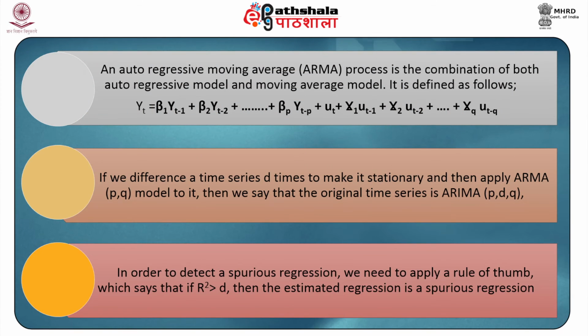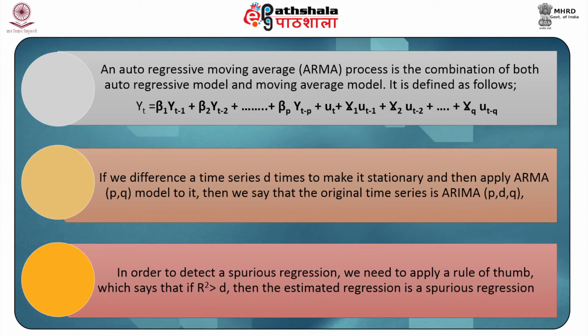I am sure you can also recall and appreciate that we have tried to distinguish between the autoregressive model and the moving average model. We have seen that autoregressive models are basically the lagged values of endogenous variables, which means the regression is done on the lagged values of endogenous variables. In the case of moving average models, regression is done on the lagged values of the error terms.